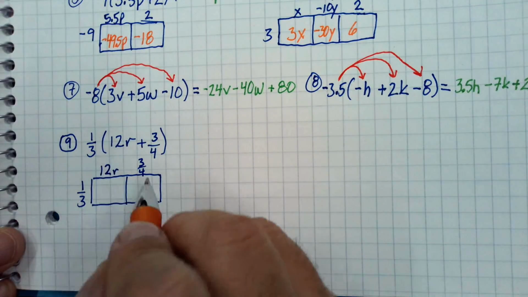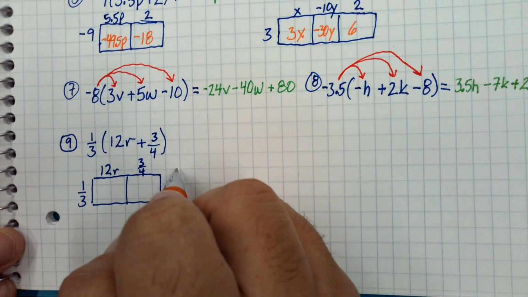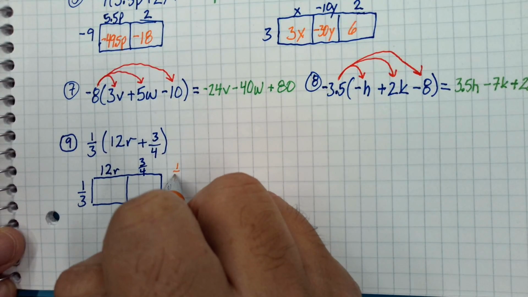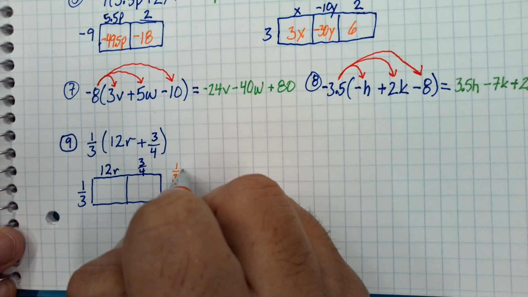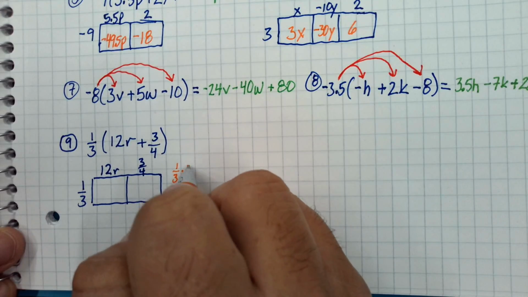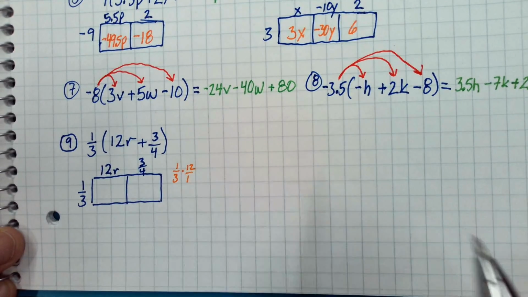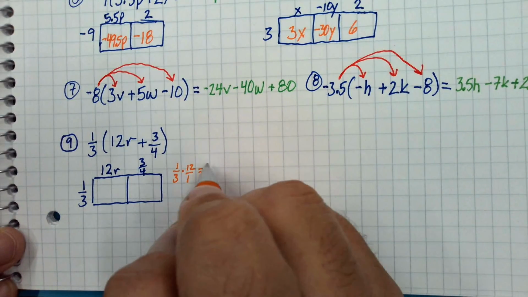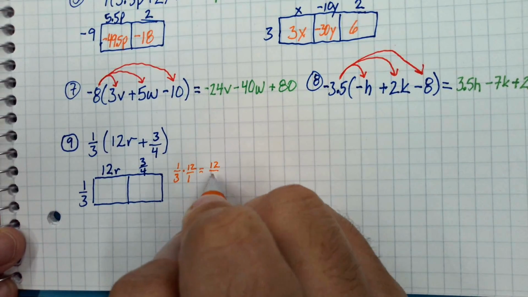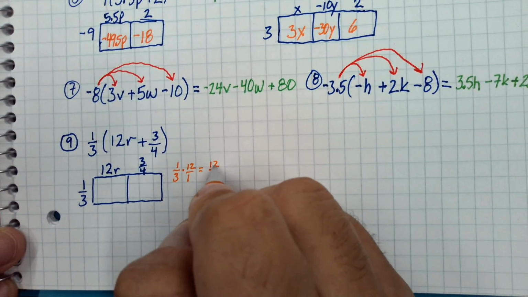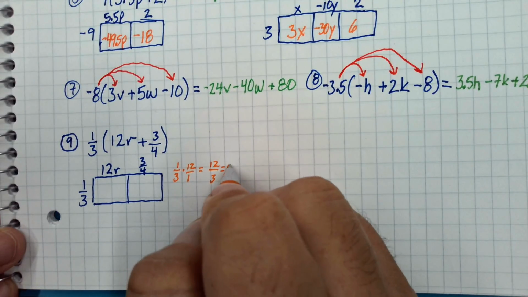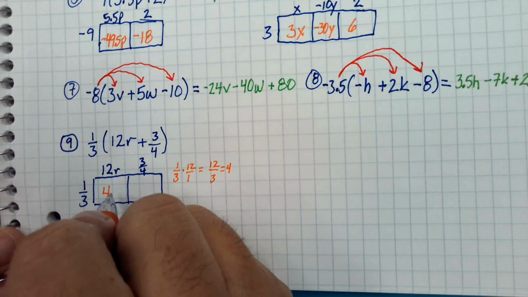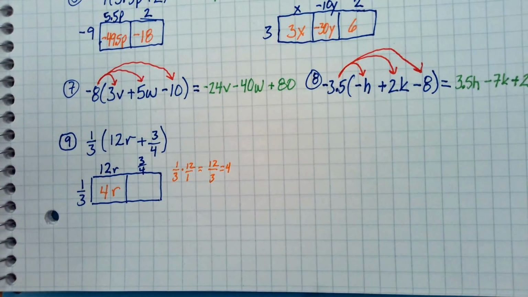So I'm just going to show the work here on the side. 1/3 times 12 over 1. And then we got a choice. We can either just multiply across like we normally would. So 12 and 3 times 1 is 3. 12 thirds. Divided by 3. So that is 4R.